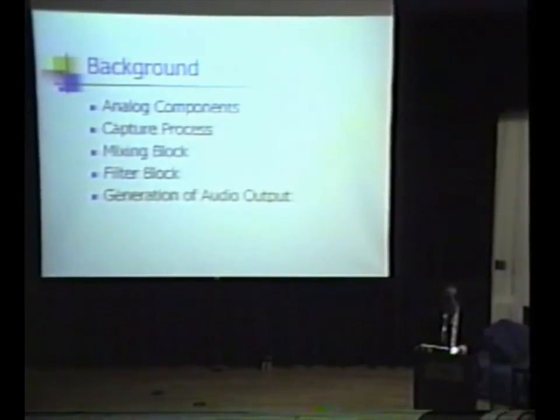All the models include analog components such as anti-aliasing filters, power for the D to A to D converters, the capture process of actually sampling the sound into the system, a mixing block, a filter block, and then generation of the audio output.